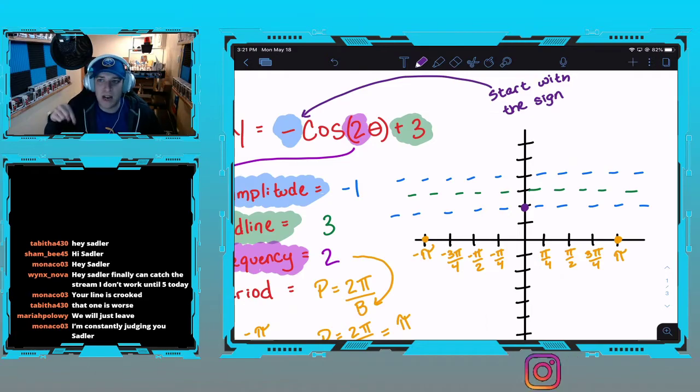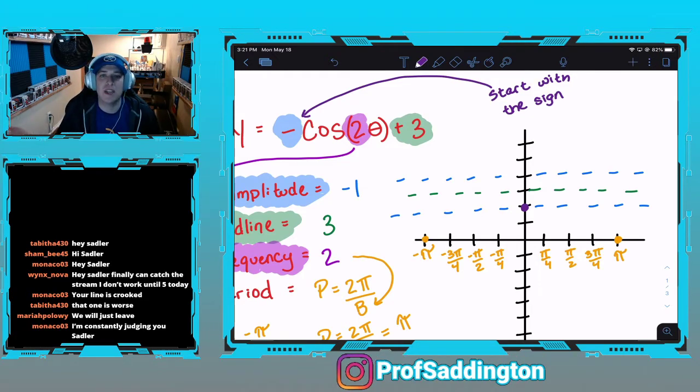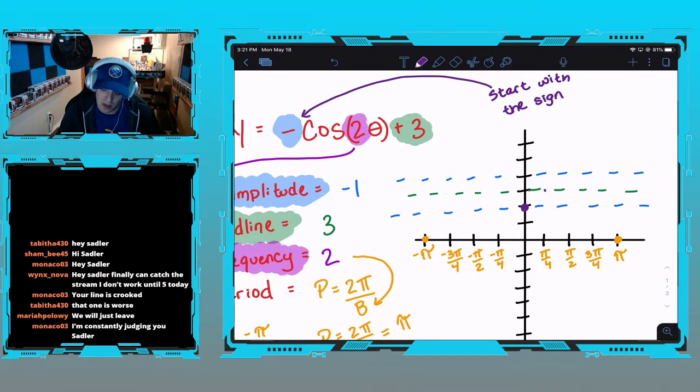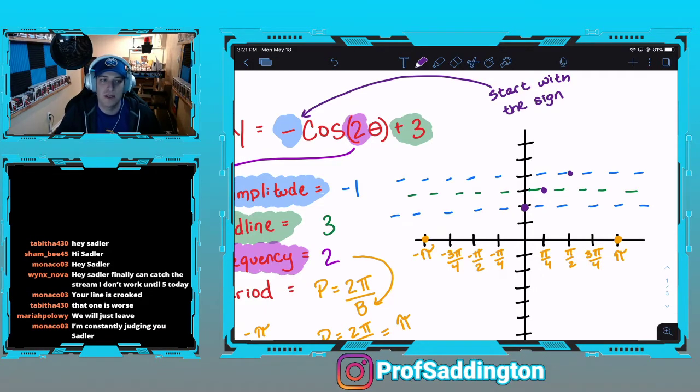Well, we can't go down from that purple dot because we have to stay in between the blue lines. So I have to go up. So the next mark is going to be at pi over 4. And I know it's got to be at the midline because remember, we're always alternating as we go through. After pi over 4, the next is pi over 2, and it looks like we're going to be all the way up at the top of the blue line.